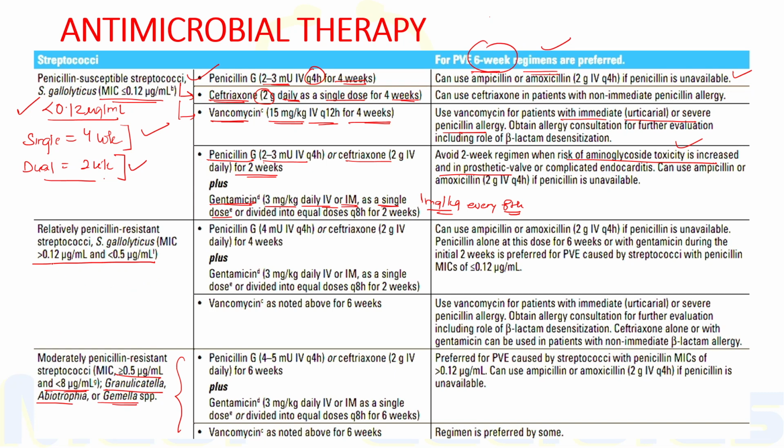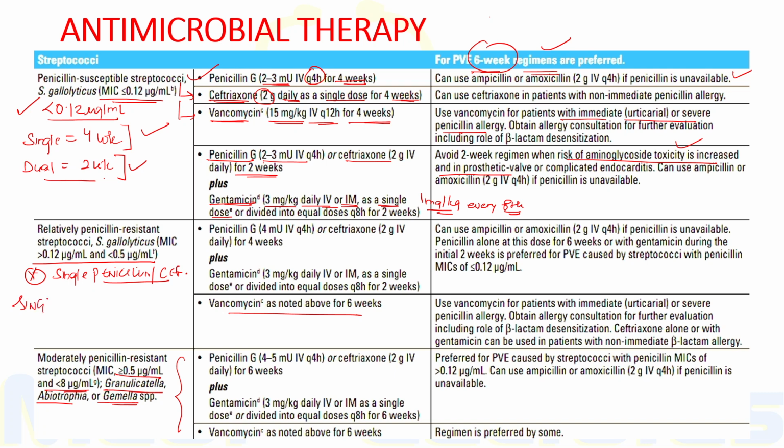Now second is when there is relatively penicillin resistant, that is MIC between 0.12 to 0.5. In this case, there will be no role of giving penicillin or ceftriaxone alone. But still we can give vancomycin singly.